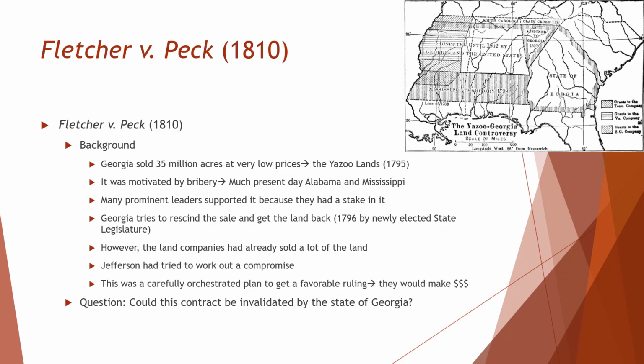Now, one thing is that this case was orchestrated to get a favorable decision. John Peck buys 600,000 acres from James Gunn, who was one of the original buyers. And Peck sells 15,000 acres to a land speculator named Robert Fletcher.